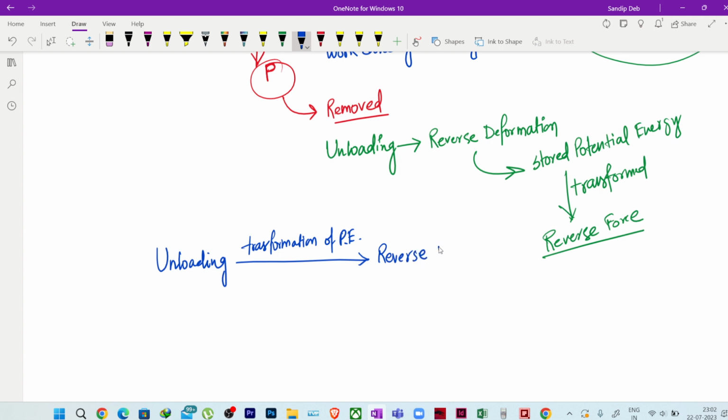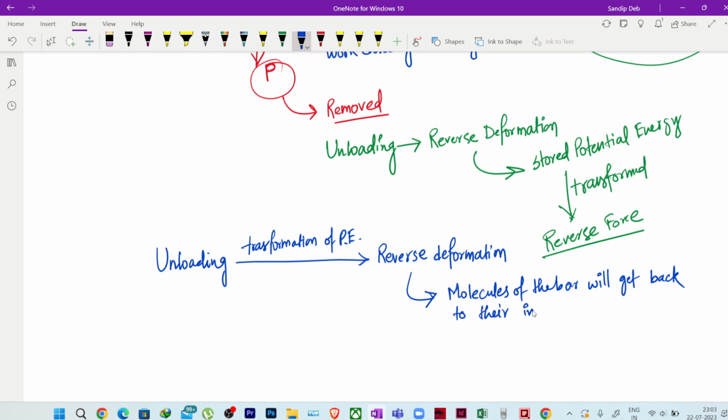So due to the reverse deformation, the molecules of the bar will get back to their previous position, their initial position.